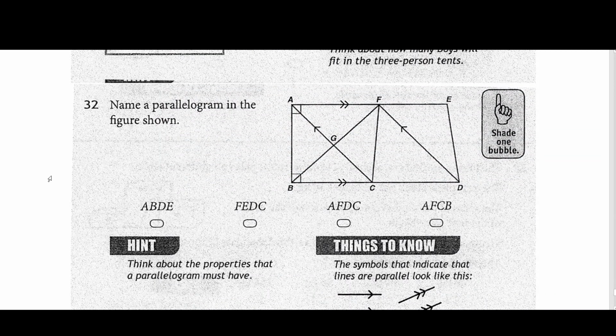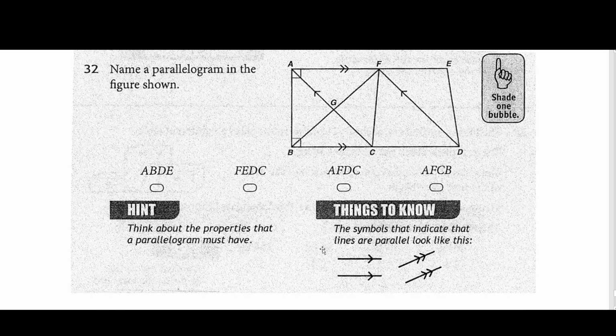Number 32. Name a parallelogram in the figure shown. So, a parallelogram. The symbols that indicate the lines are parallel look like this. Okay, so we need to find a parallelogram here. And let's do that.